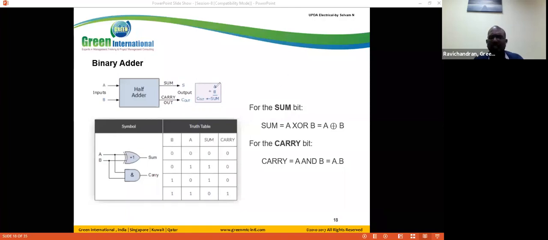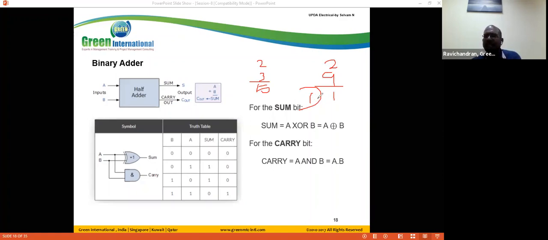So see, in general, we have addition: 2 plus 3, so we have 5. Suppose 2 plus 9, so we have 11. Here we are using 1 digit, and the second digit means the answer is a 2-digit answer.